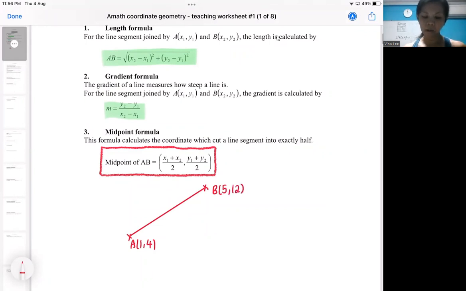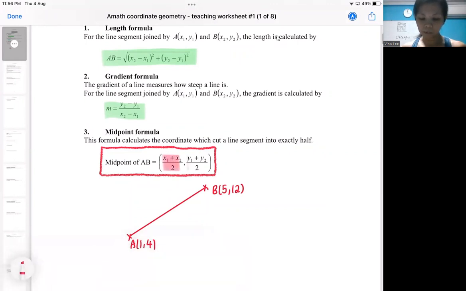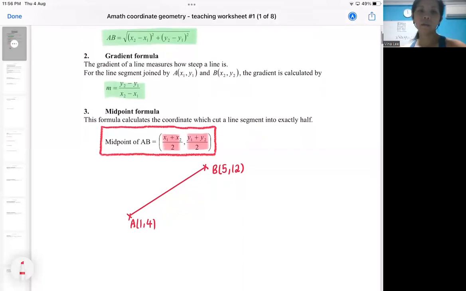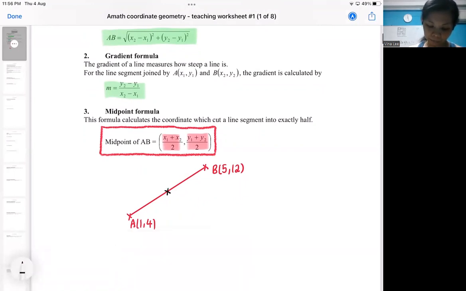If you look at the formula, it is (x1 plus x2) divided by 2, (y1 plus y2) divided by 2. That means essentially you are sharing the x coordinate and sharing the y coordinate. So the midpoint that you have found will cut the line into exactly half. You will use this for perpendicular bisector.